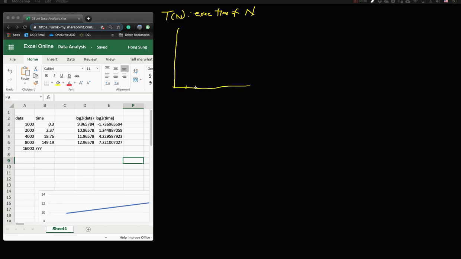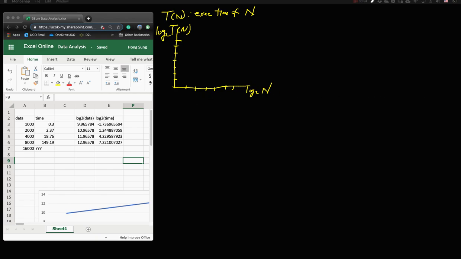So we have linearly marked there. The x-axis changed linearly, but it's log2 base n data, and the y-axis is log2 base of T(n) execution time, and it's also 2, 3, 4, 5, 6, 7, and the like.